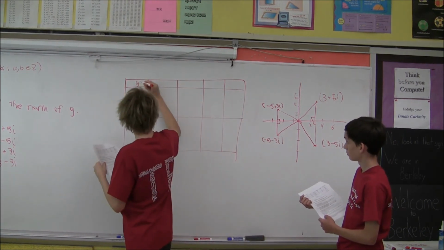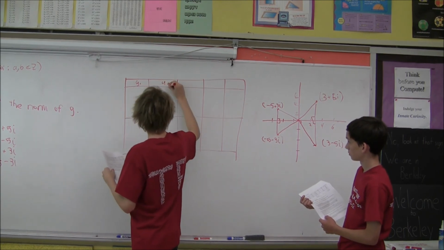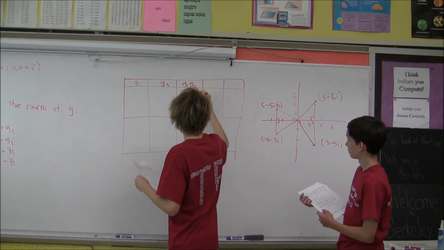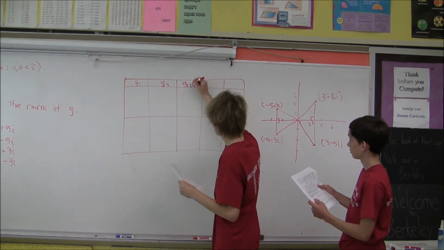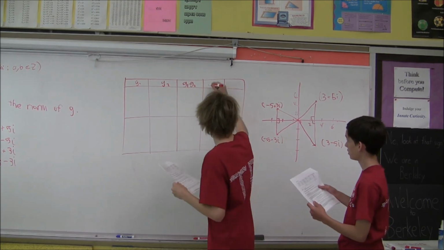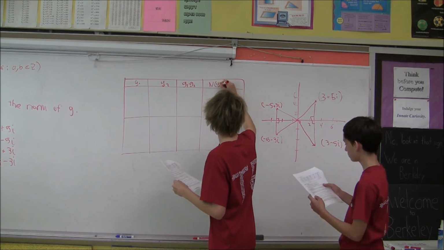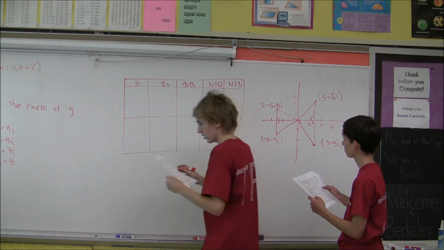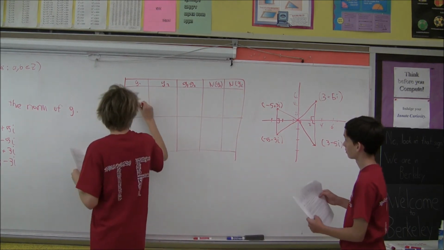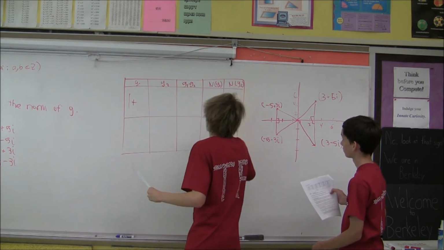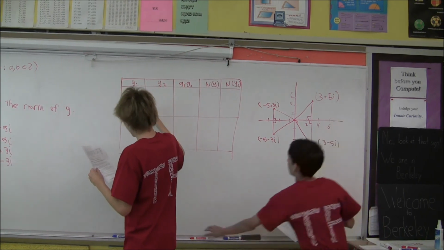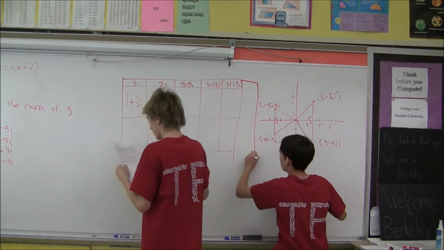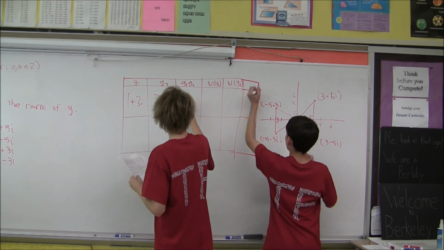This is our first Gaussian integer, our second, their product, and the norm. Please add the parentheses in there.